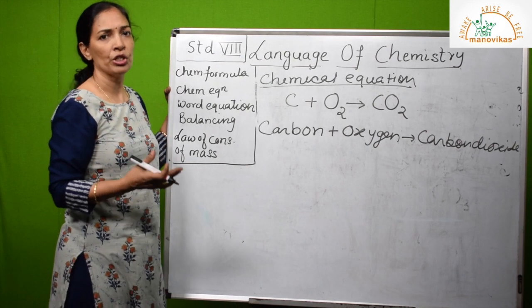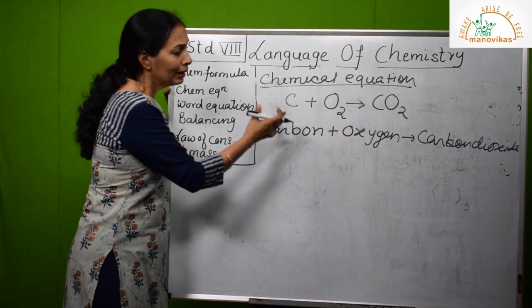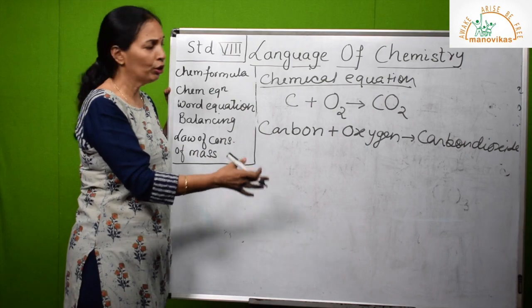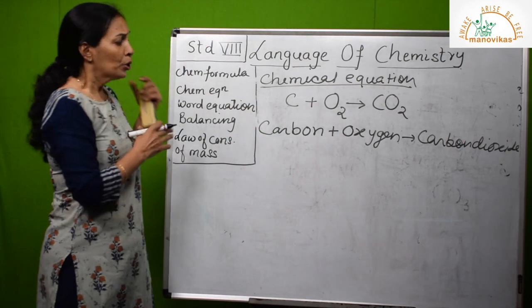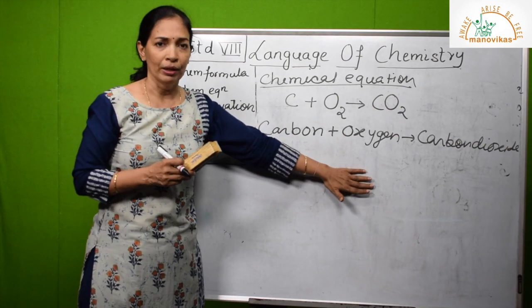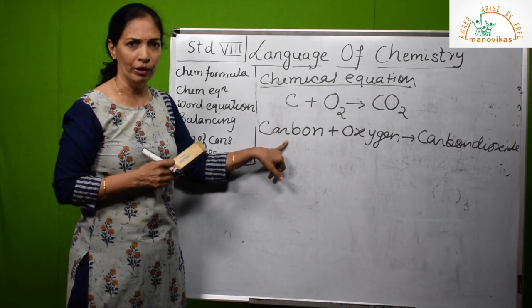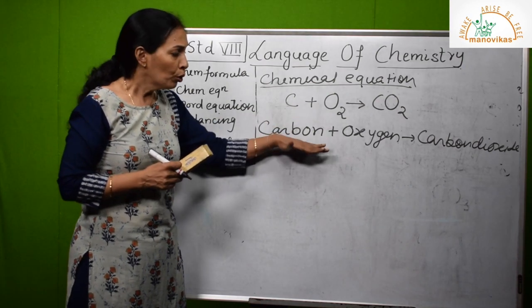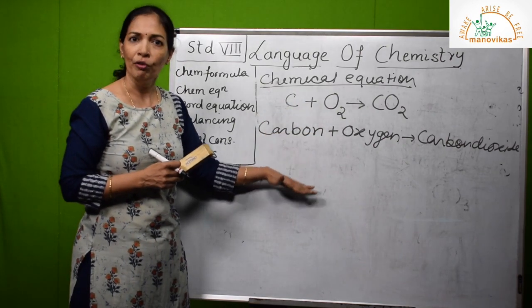A word equation is represented by writing only names of the reactants and products. We don't write symbols or formulae. This is called a word equation. So this is called a symbolic equation and this is called a word equation. Okay. So if a word equation is given, you should be in a position to write the symbolic equation for this.